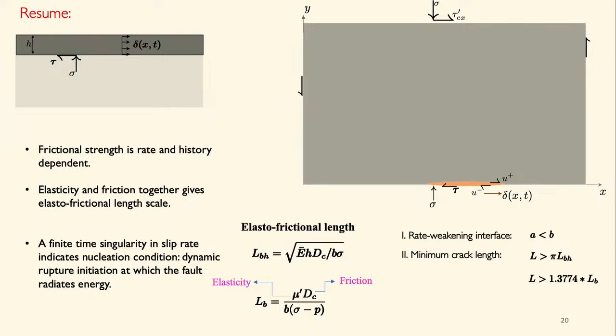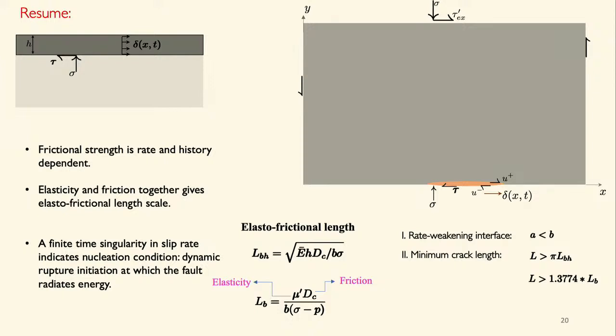So the friction law is essentially giving this length, and because we have an elastic model, these things are coming in anyway. And what we saw is that a minimum crack length or the minimum patch length is required to nucleate an unstable acceleration, which then becomes a source of seismic waves.